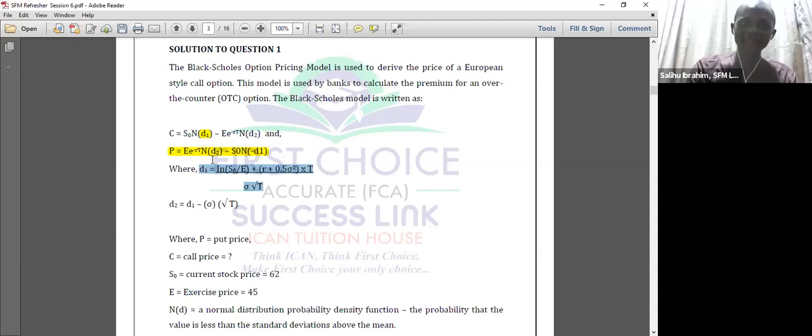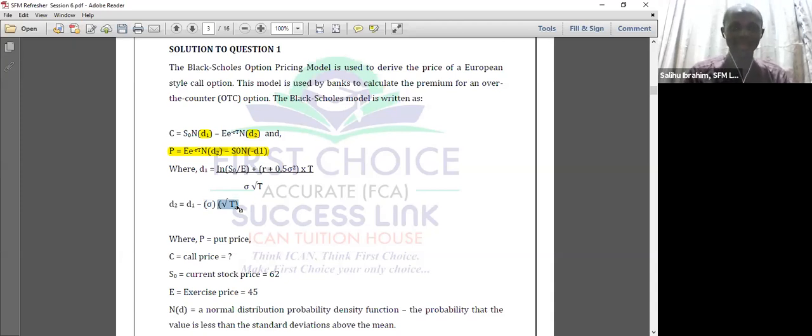Now, after you have gotten your D1, the next thing is to go and get your D2. And how do you get your D2? D2 is computed as D1, the D1 that you computed here, minus standard deviation times square root of t.